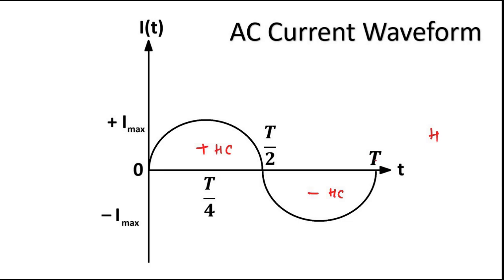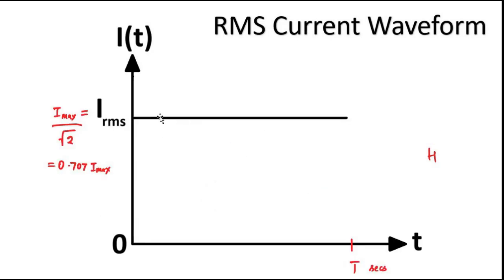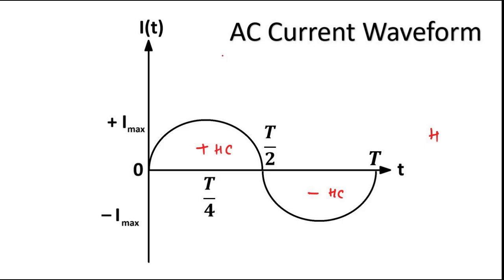So this is the equivalent DC representation. This RMS current waveform is the DC equivalent representation of this AC signal.